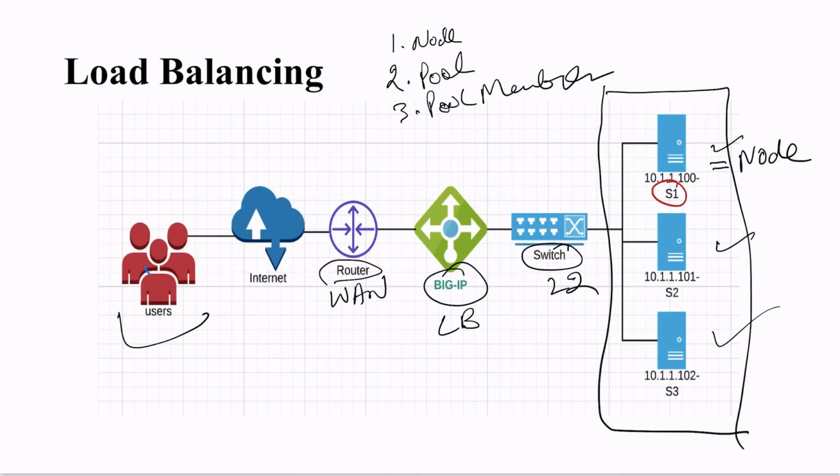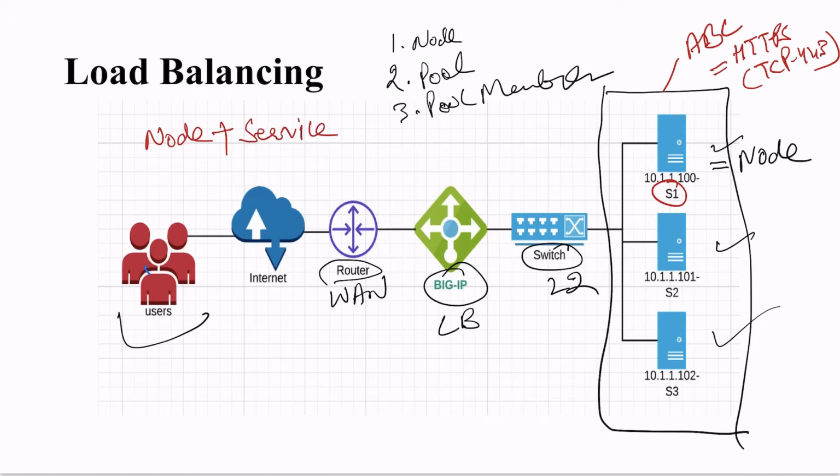If this pool, let's say its name is ABC, is servicing traffic for HTTPS, that is TCP 443, that would mean this node is being used for servicing the traffic for HTTPS. So node plus service becomes pool member. This is the third point or terminology you need to understand in this load balancer.